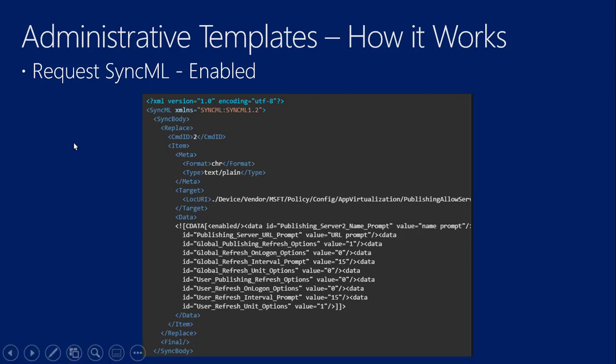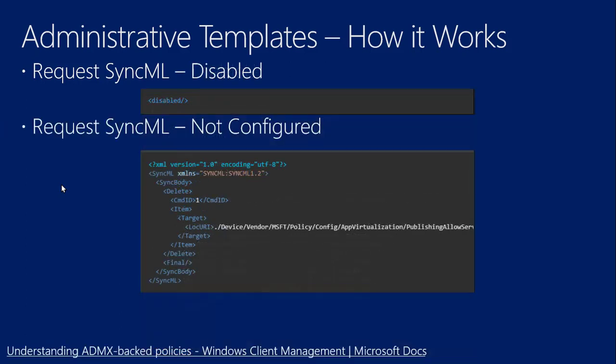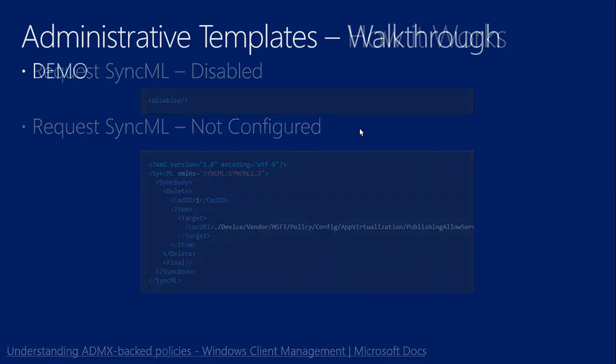So this is how we would set. Now, if we're doing a delete, very simple command, delete, right? Or disabled. Not configured would be something like this. And that's all I'm going to say about these configs, not to belabor that point. If you want to see more, search at this link and you will see a few more examples. I can probably find a few more even beyond that, right?